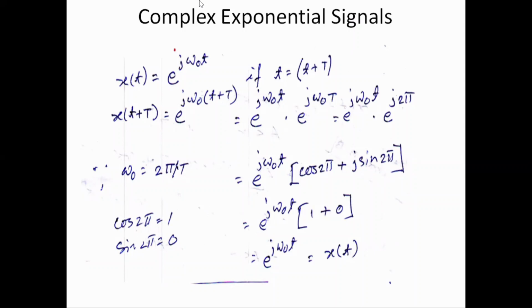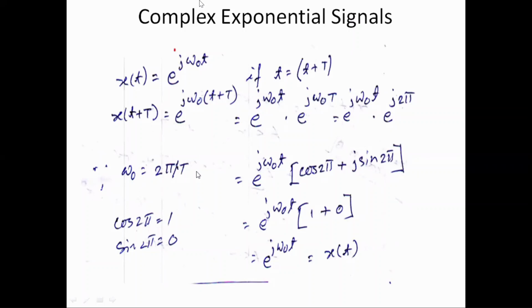Any doubt? No, sir. Okay, then x(t) should be equal to x(t plus T). Let us prove that. Put t equal to t plus T in this equation. x(t plus T) equals e to the power j omega 0 (t plus T), and multiplying it out, we get e to the power j omega 0 t into e to the power j omega 0 T. Now put the value of omega 0. What is omega 0?